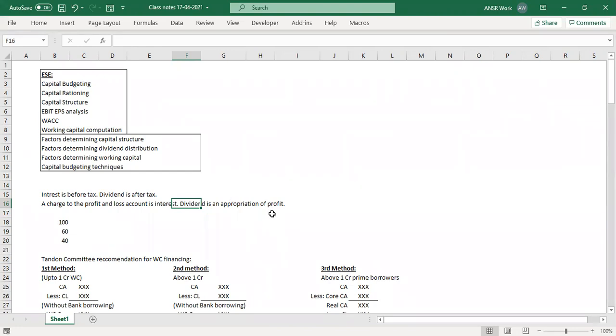Yeah. Why I got this question is, if there is one problem, can any of these methods be applicable to solve that problem in that particular area? For example, let's say there is a problem, it can fall under capital budgeting, capital rationing, capital structure, EBIT. Can the same problem be manipulated and used under all these four or five topics? No, it's not possible.